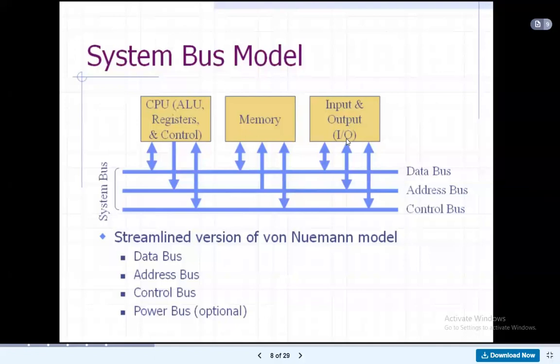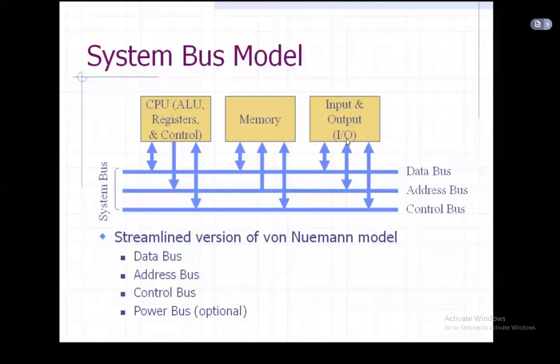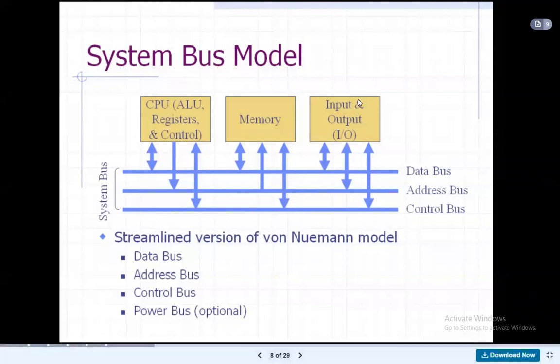Whatever manipulation you are going to do, input goes to the memory and memory to the output, that is input and output. For this, all the routes happen by using the system bus.